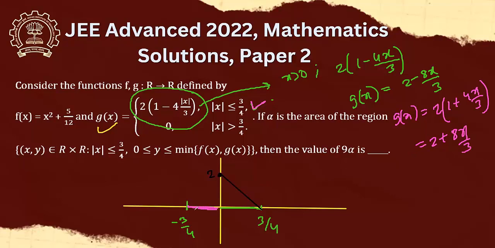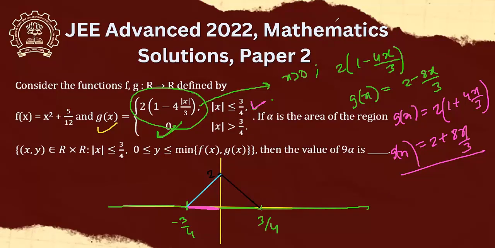That means for x from minus 3 by 4 to 0, the g(x) function is going to be this. This has a positive slope and the graph will look like this. And beyond 3 by 4, the value of g(x) is 0. So it is like this, and this way also, this is 0.